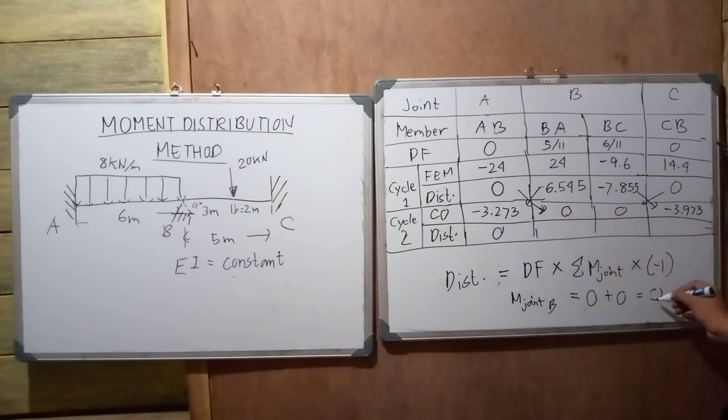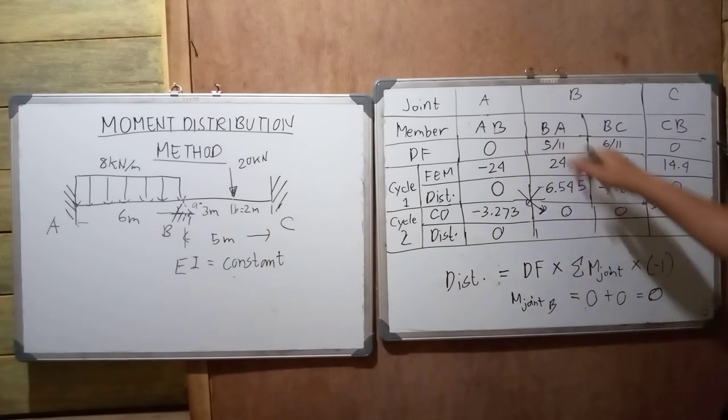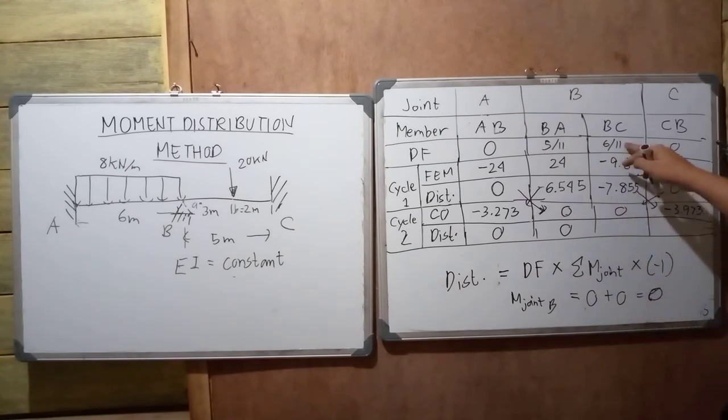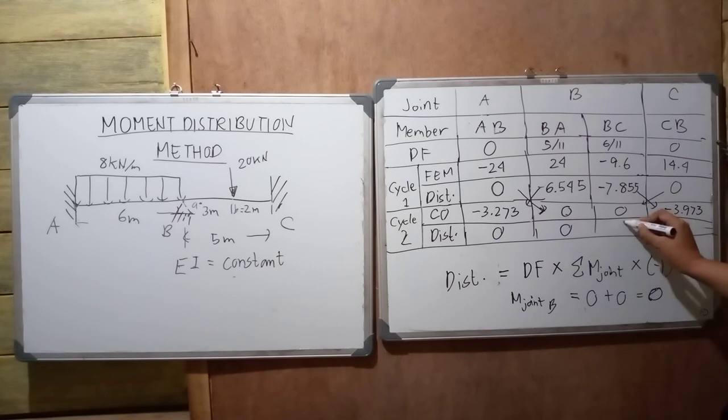Okay? So, anything you multiply by 0 is 0. So, 0, supposed to be, multiply natin siya kay 5 over 11 times negative 1, so 0 siya. Okay? So, 0 times 6 over 11 times negative 1, 0 siya. Okay. And then again, negative 3.973. Okay? Kasi ito lang yung member niya.